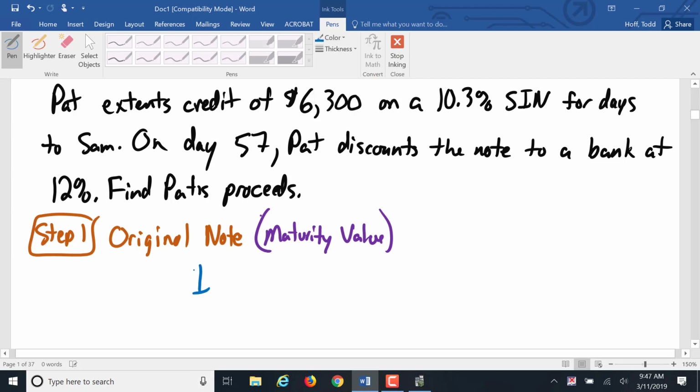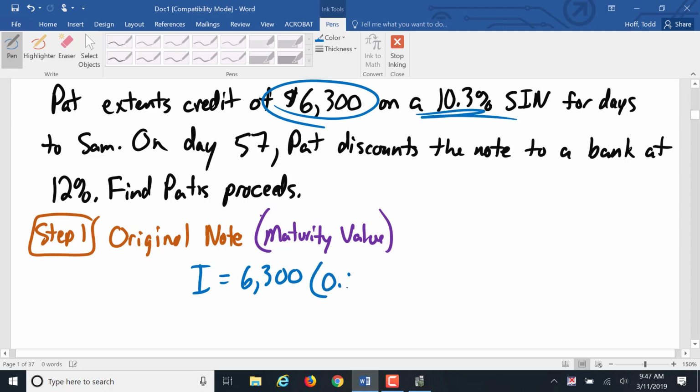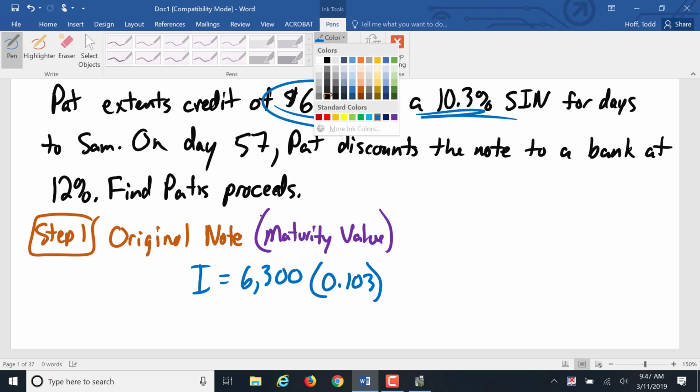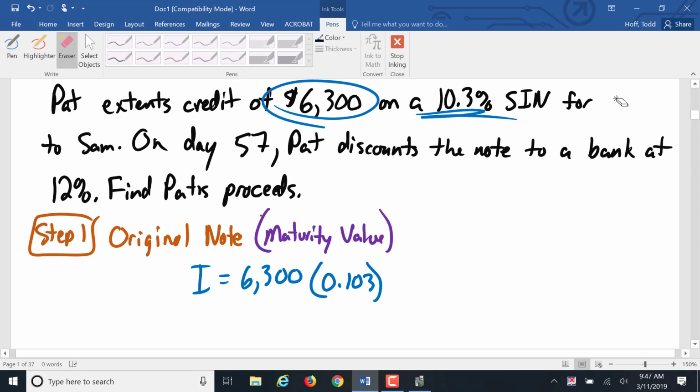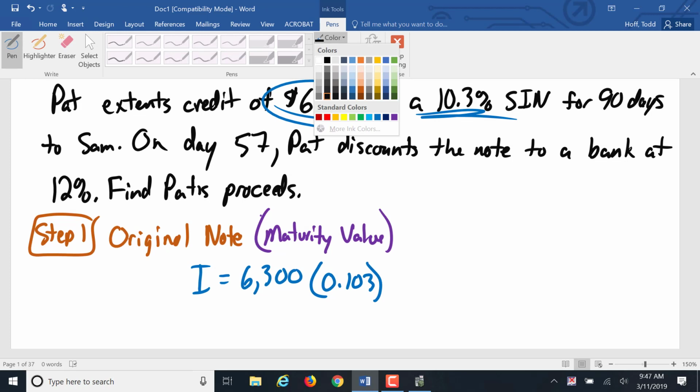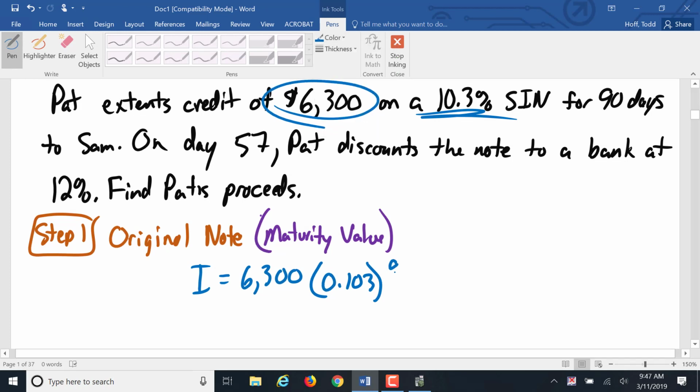So we're going to find interest there. That's going to be the original principal, $6,300, times the rate on the original note, 10.3% is 0.103, and the time on the original note. It was for 90 days, so times 90 over 360.